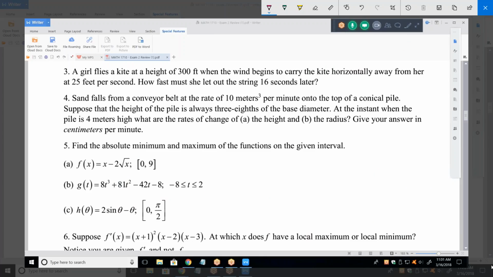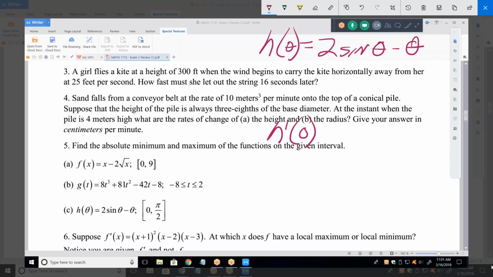And now we have trig. Okay, same exact problem. Let's start with h of theta, meaning that we're only going to find the variable theta on the other side. First step. Take the derivative.